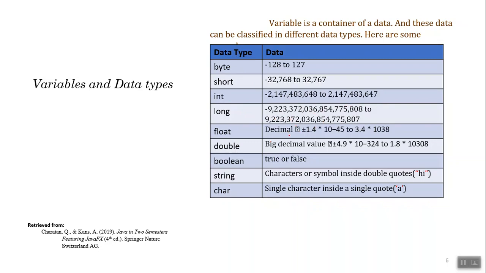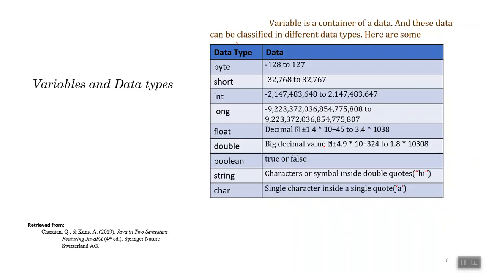Then we have float, which is a decimal value. Double is also a decimal value, a big decimal value. It could support a higher number of floating point values. And then we have boolean, which only has true or false as data.